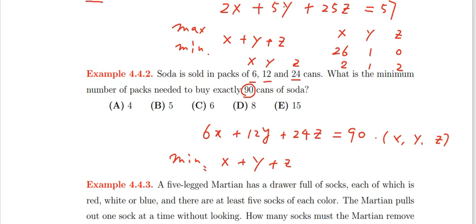Not okay, because 24 multiplied by 4 is more than 90. So it is 3. 24 multiplied by 3 leaves only 18 left. These 18 cans, we can use as one pack of 12 and one pack of 6.